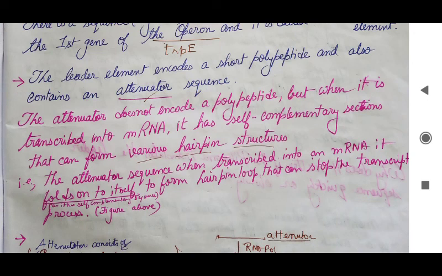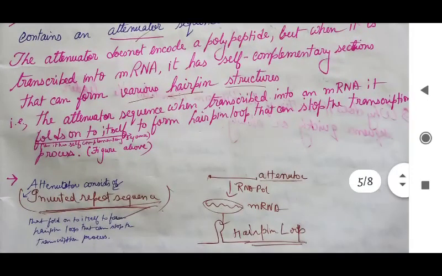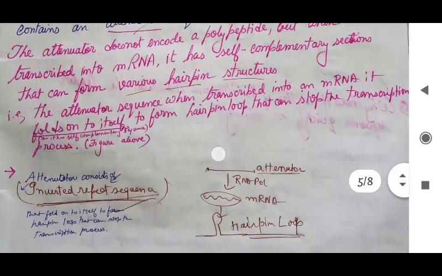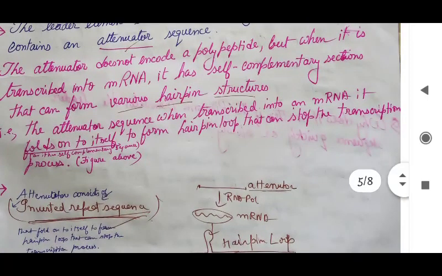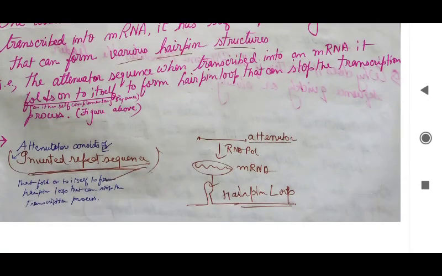It folds onto itself to form a hairpin loop that can stop the transcription process prematurely. Here I have written, for remembering, that it consists of inverted repeat sequences that fold onto themselves to form a hairpin loop in order to stop the transcription process.